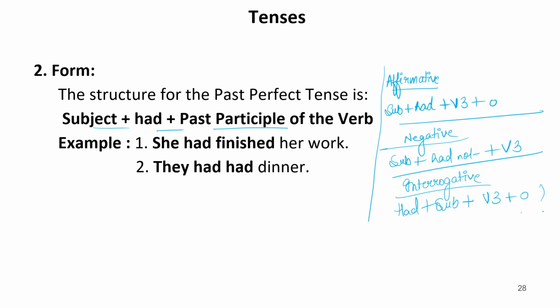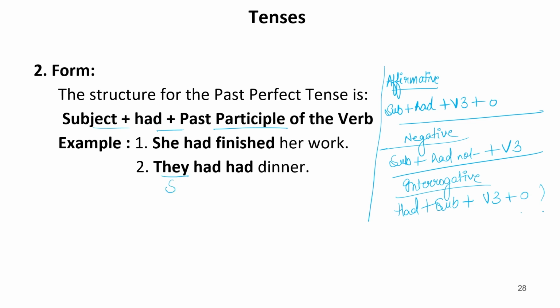Now, she had finished her work. This is a past perfect tense affirmative sentence. They had had dinner. Now we know well the structure is subject plus had plus verb third form of the main verb.